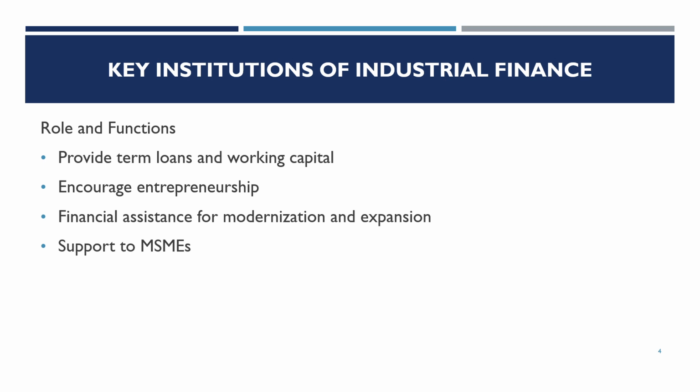Third is financial assistance for modernization and expansion, that is, for modernization of the industry or expansion of the business. I can get the financial assistance from the banks and corporations. And fourth is support to MSMEs.